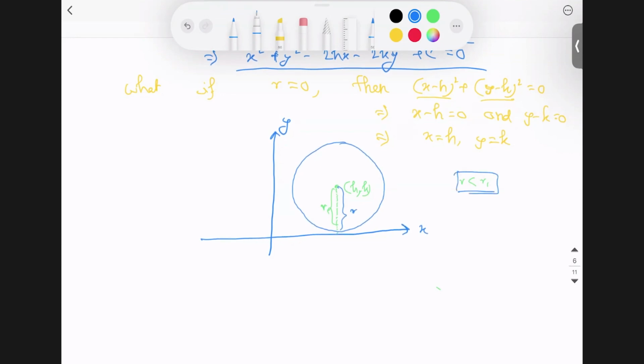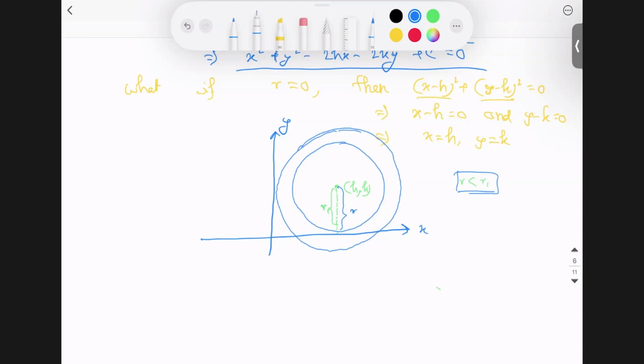Okay, now according to our choice of r, we can represent this circle in a different way. Like we can have a circle like this also. You can see the center has not changed, but in this case r is now bigger than r1.